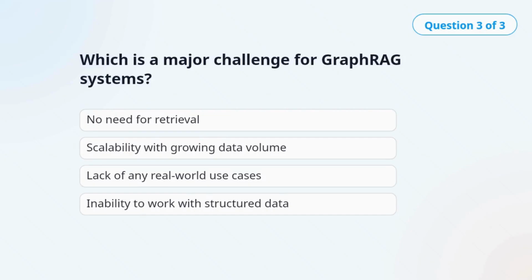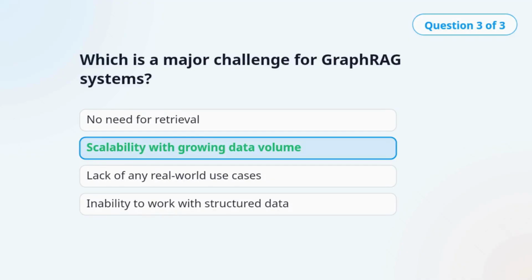Question 3. Which is a major challenge for GraphRAG systems? The correct answer is scalability with growing data volume. As graphs and data volumes grow, storage, query optimization, retrieval efficiency, and system integration become difficult.